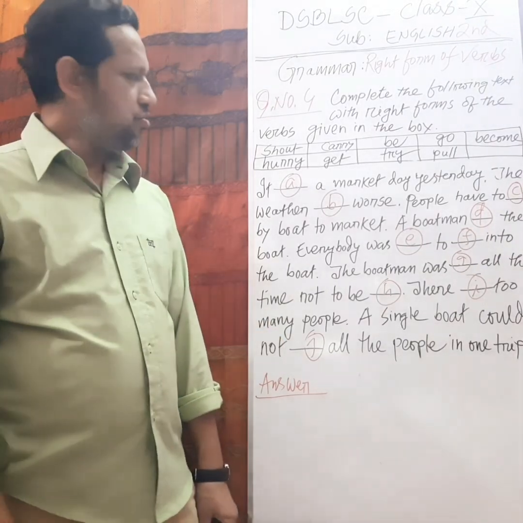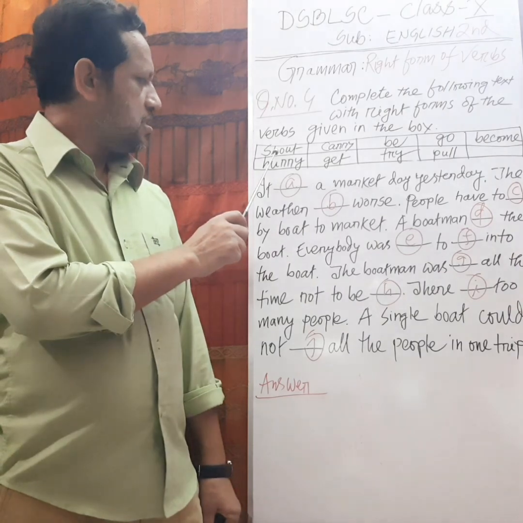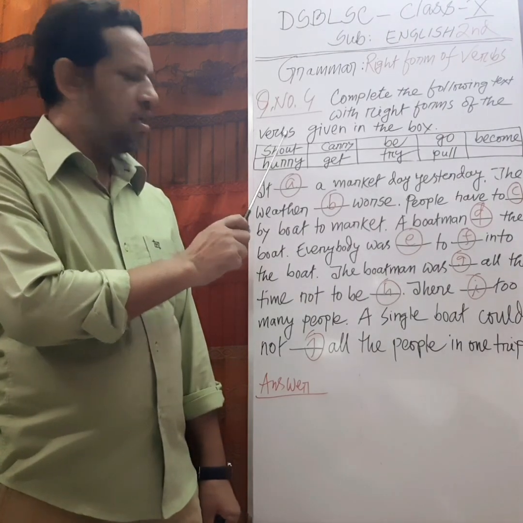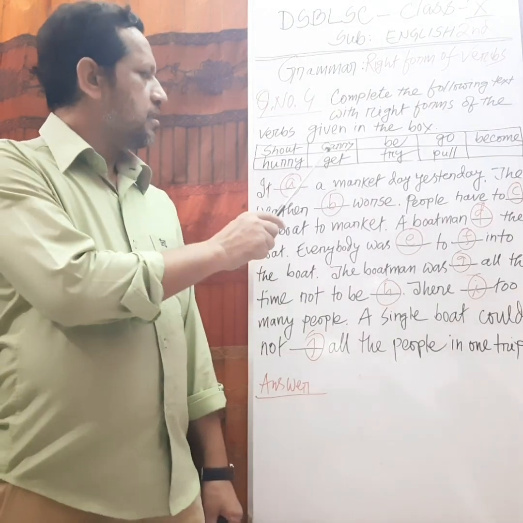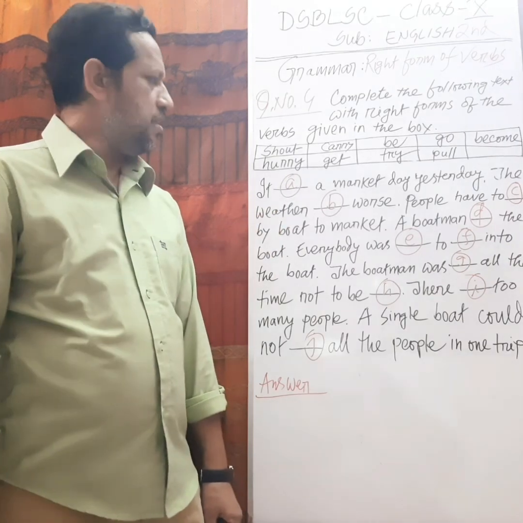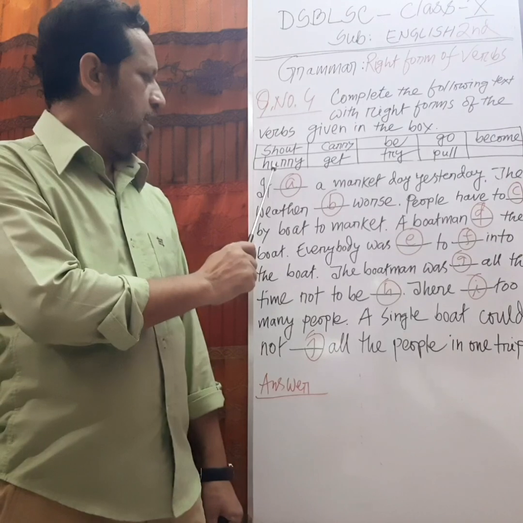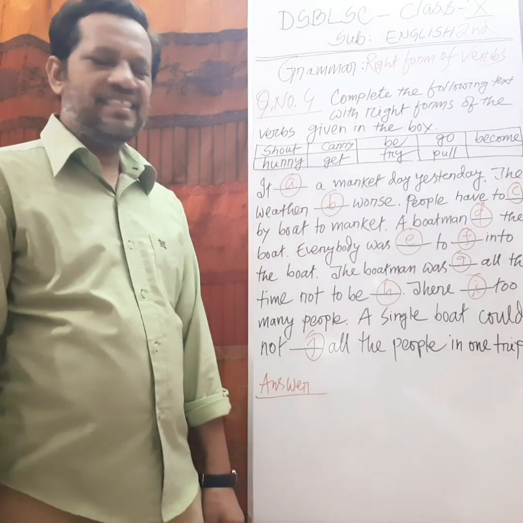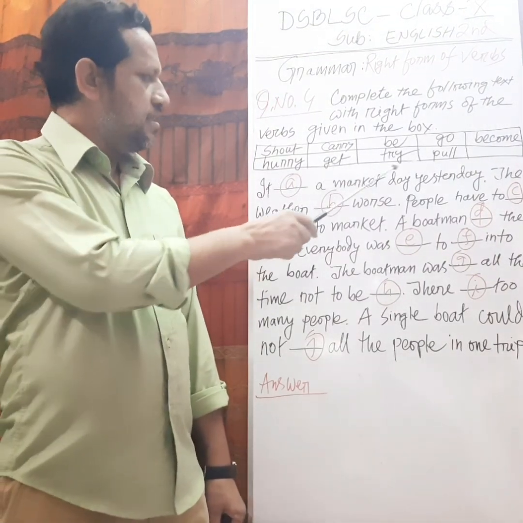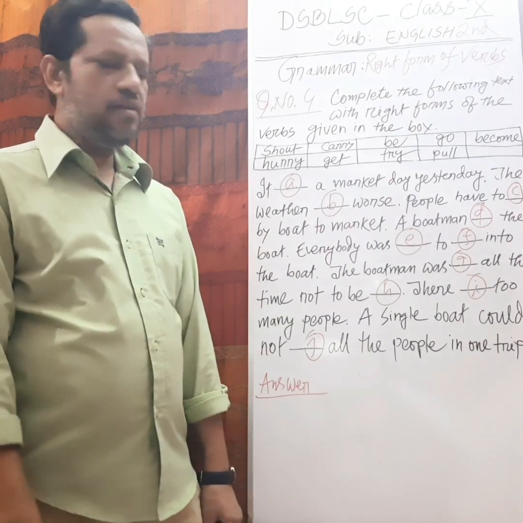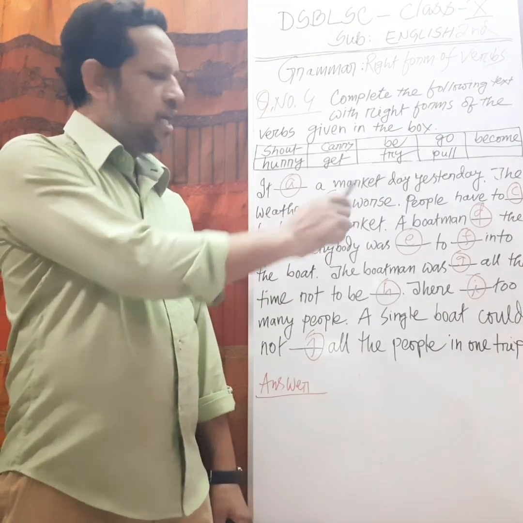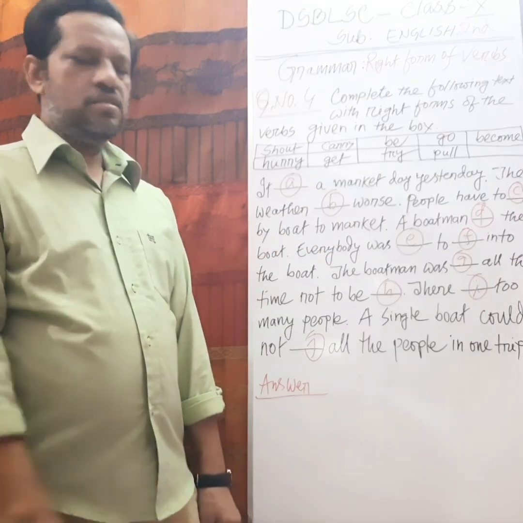So, my dear students, you see: shout, a loud cry. Carry means bring. Then be verb, go, become. Hurry means urgency. Then get, then try means effort. Pull, I think, means draw.